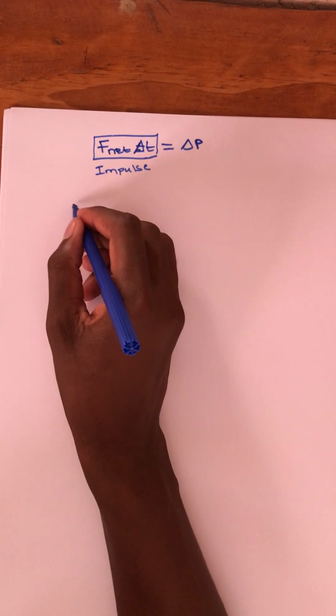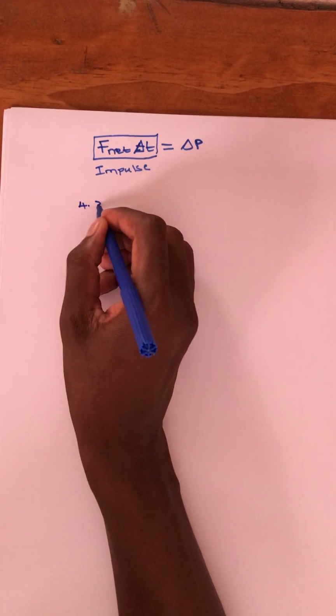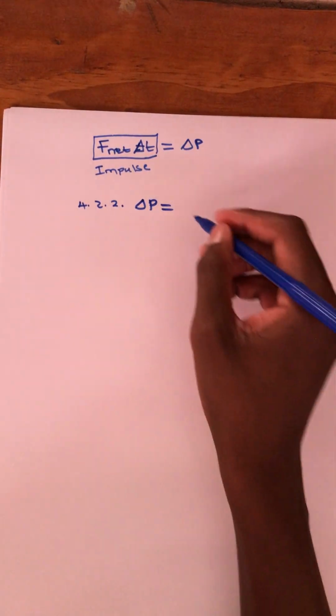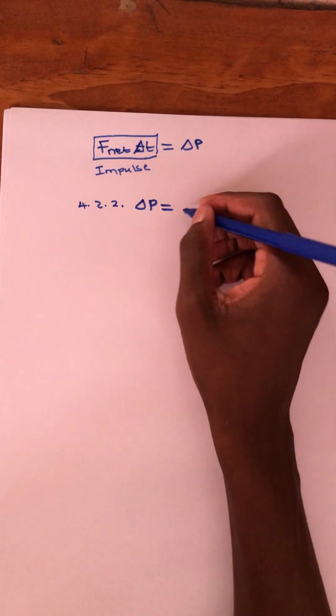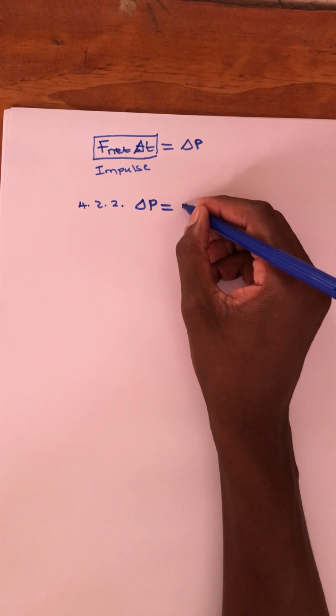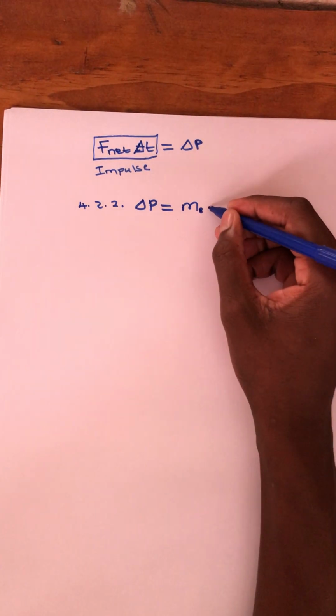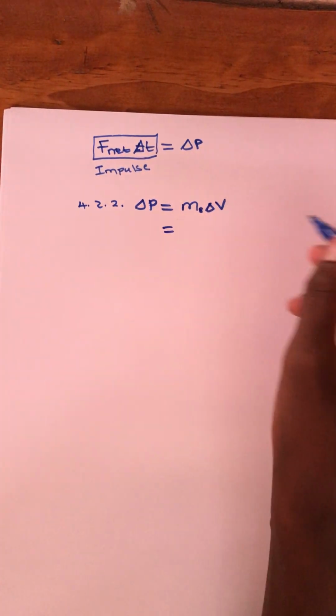This is question 4.2.2. Change in momentum. They're talking about car B, so we have the mass of car B and the change in velocity of car B. Since we're talking about one object, it has only one mass but two velocities.